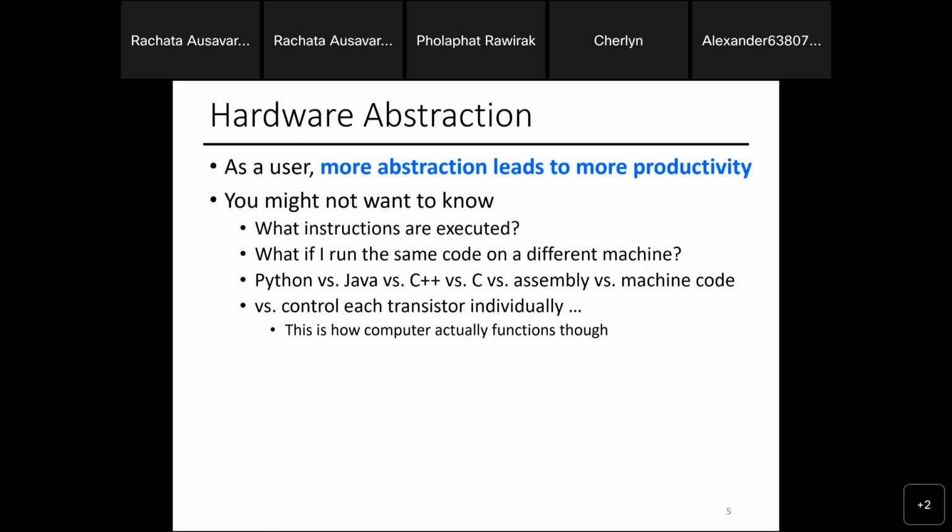When I run Python versus Java versus C++, those are higher-level languages that can do fancy things quickly. And you should be able to write programs in C, though you might not want to do that all the time. It doesn't really give you a lot of powerful programming language tools, right?